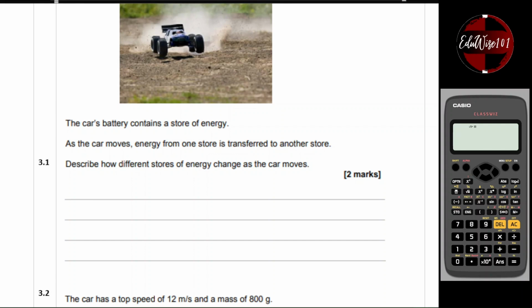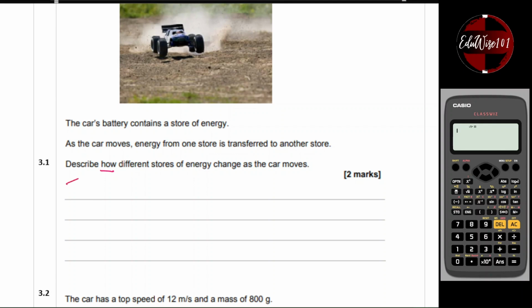But what the question is asking is, how are these different energy stores actually changing? So we know that there's chemical energy in the battery, right? Most of you have pointed that out. There is chemical energy in the battery and there's kinetic energy. But you have failed to actually describe how this changes.